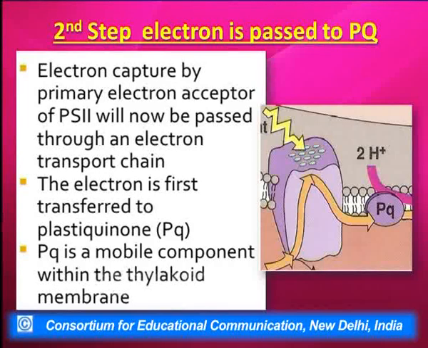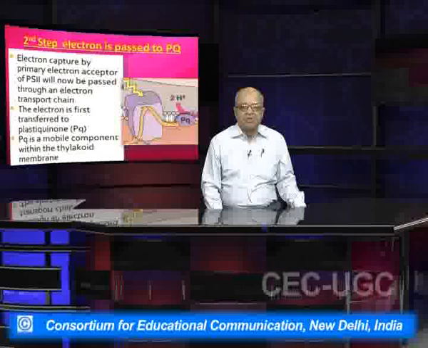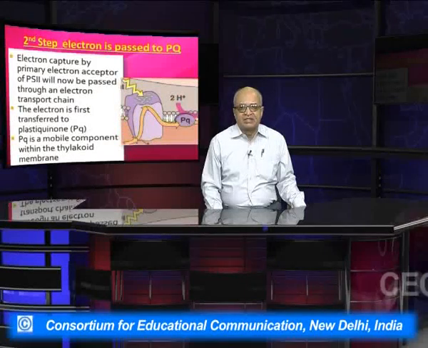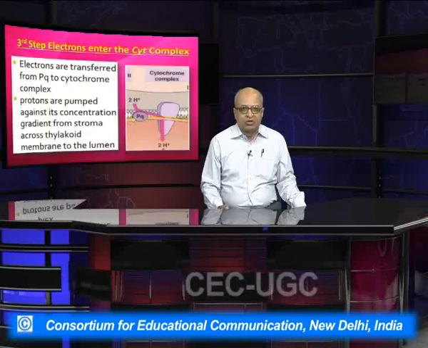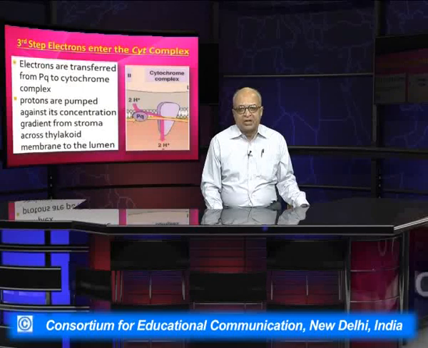It is in fact a mobile component, and it can therefore move to either of the faces, that is the face towards the stroma or towards the lumen. So, it is a mobile element which is present. So, it is the primary acceptor, and once it accepts the electrons, it enters the third step.